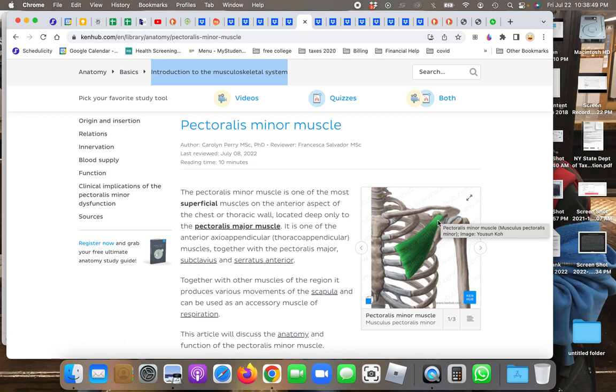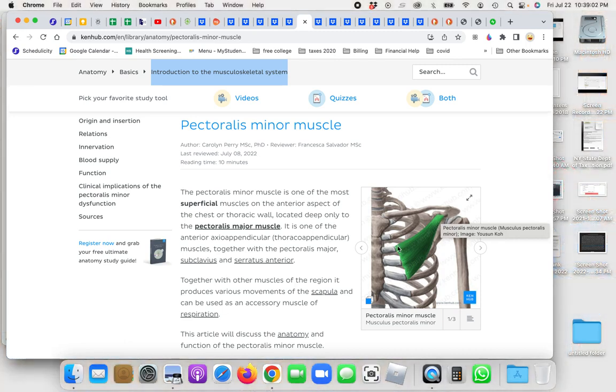And I think some of the fibers attach to other aspects of the scapula, like the anterior aspect of the scapula, but it'd be the lower fibers, and it's not pictured. And then they extend down onto the costocartilage junction of ribs numbers 3, 4, and 5. So it goes from ribs 3 through 5 up to the coracoid process.